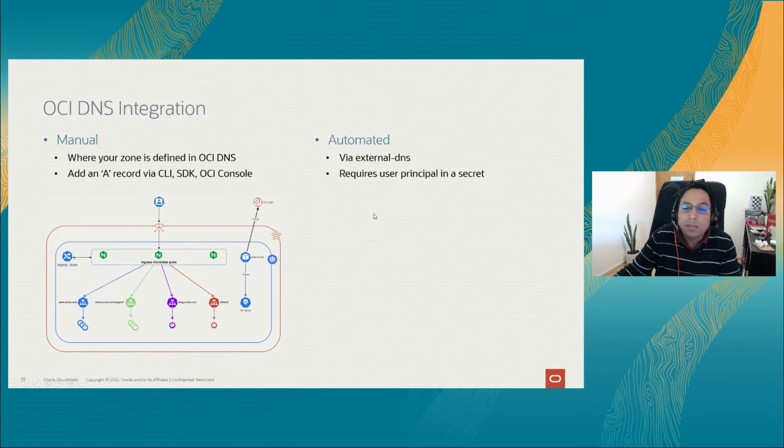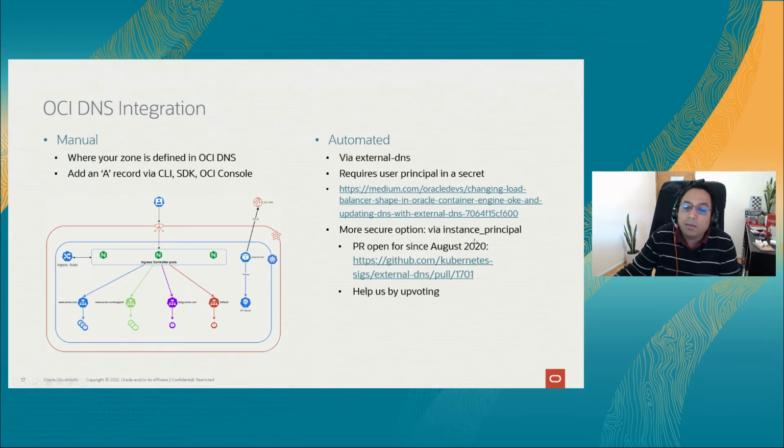And because of doing that, it requires a user principal for authentication purposes. I talk about this in the article, how to configure the external DNS. We do have a more secure option to handle this, and this is done via instance principal. We have a PR open for the last couple of years with the external DNS project. Please help us by voting for it so we can get it merged and make your use of external DNS more secure as a result.